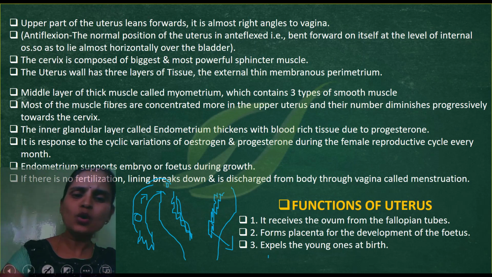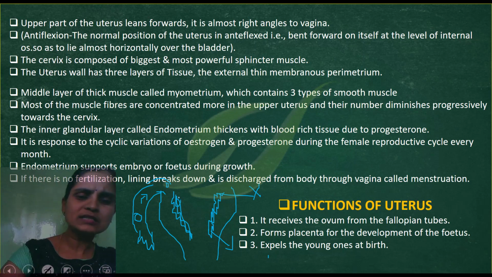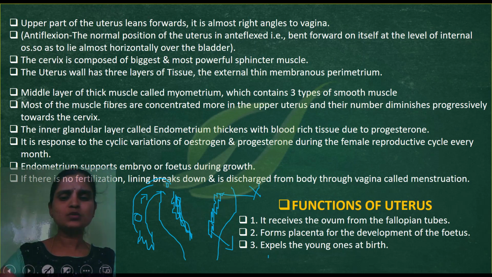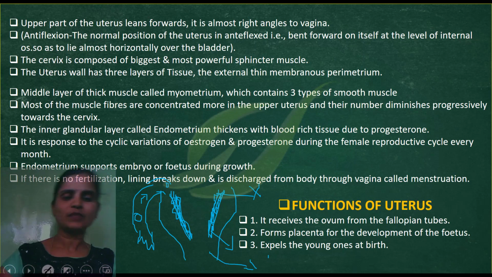But after some time, when the ovum enters the uterus without fertilization, there is no requirement for a thickened endometrium. The thickness is because of more cell division. Now, because there is no use, all the extra cells which have grown here will die, and these cells come out of the vagina in the form of bleeding, which is called menstruation.